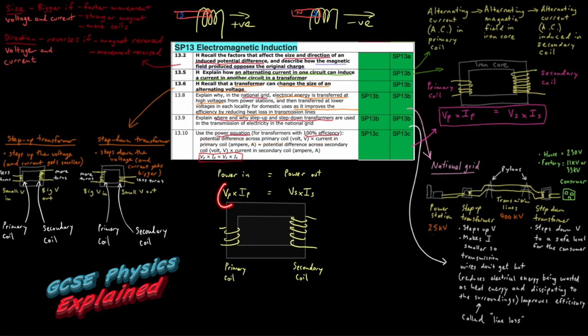So that's the voltage in the primary coil times by the current in the primary coil is going to equal the voltage in the secondary coil times by the current in the secondary coil. So yeah, what goes in must come out, if we're assuming it's 100% efficient.